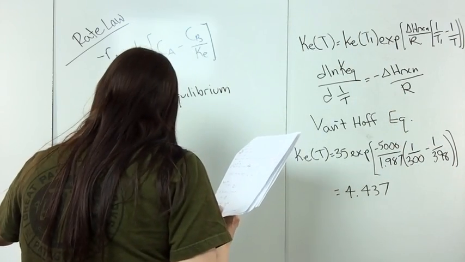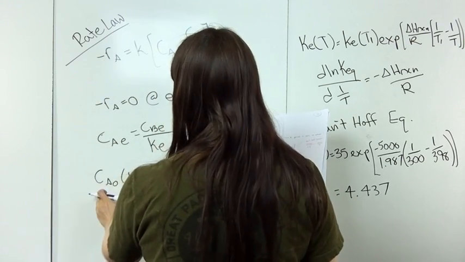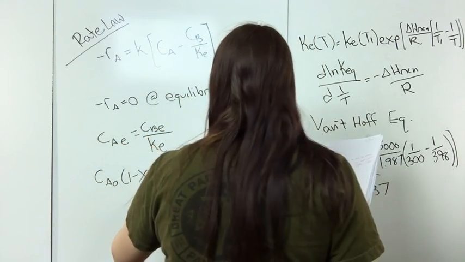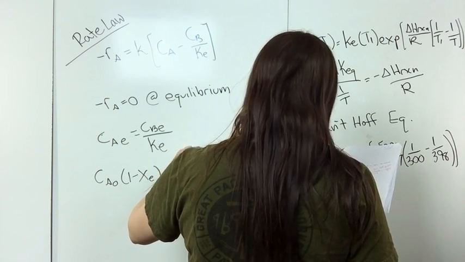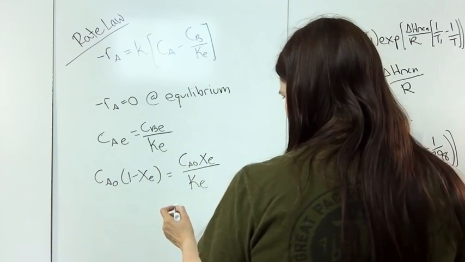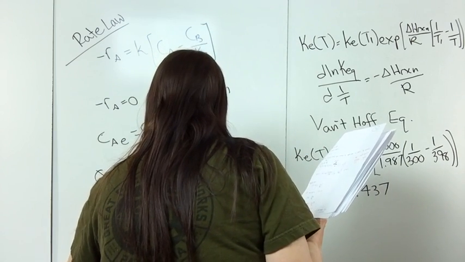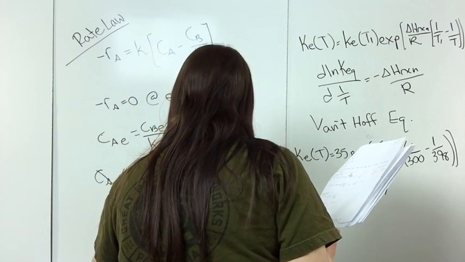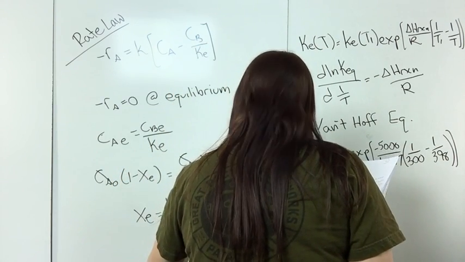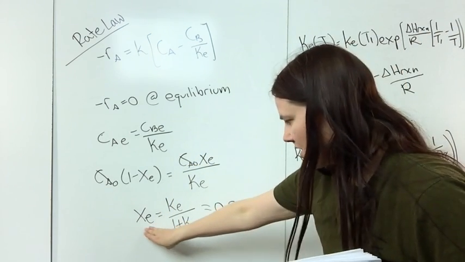And then we know that CAe is equal to CA naught times 1 minus Xe, and CBe is equal to CA naught Xe over Ke. And so then the CA naught cancels, and I can just solve this for Xe is equal to Ke over 1 plus Ke. And this is equal to 0.816.